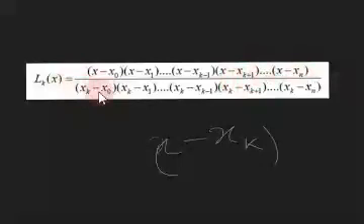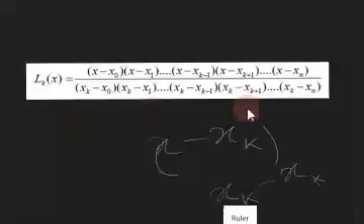And look at the denominator. Here you can see x sub k in each term. So x sub k minus x sub 0, x sub k minus x sub 1, and here too you don't write x sub k minus x sub k, otherwise your denominator becomes 0, so you ignore that term.